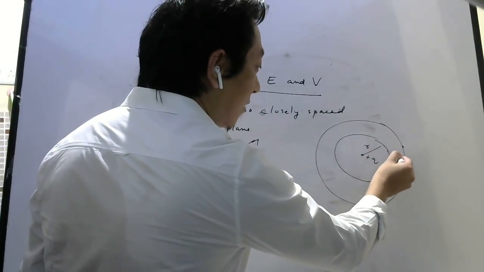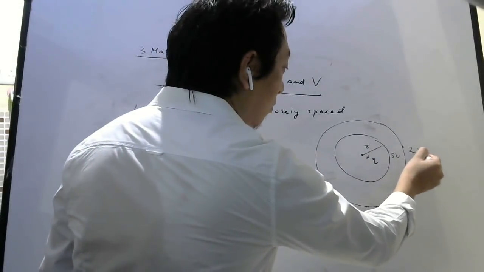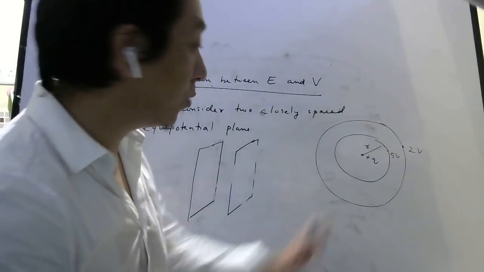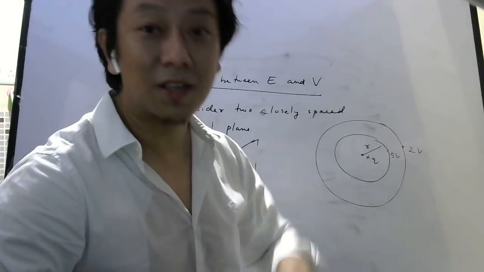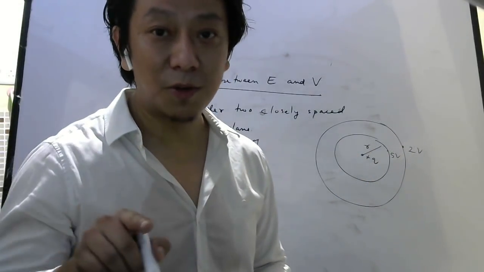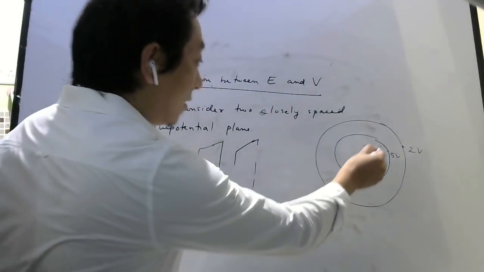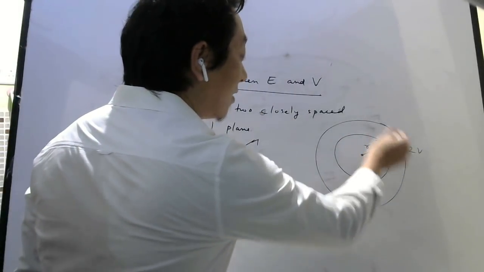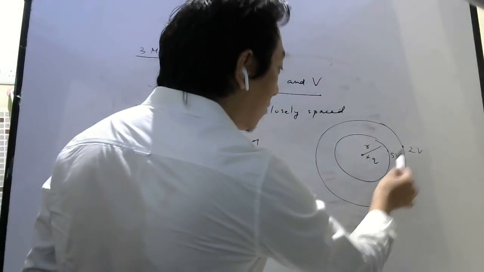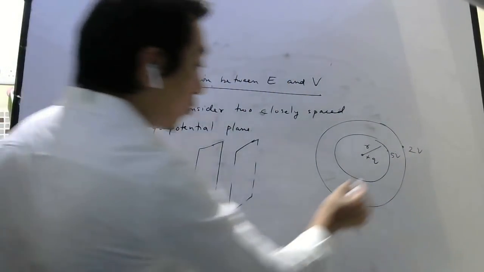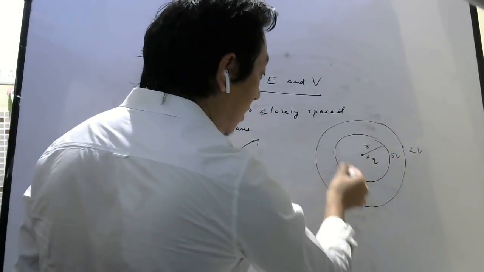If this is 5 volt everywhere, this will be 2 volt everywhere. Why will it be lesser? Because with increase in distance, potential due to positive charge should decrease, because it is inversely proportional to r. So this is one equipotential surface, this is another. Don't think this is also 5 volt. When I say 5 volt here, it means everywhere here is 5 volt.